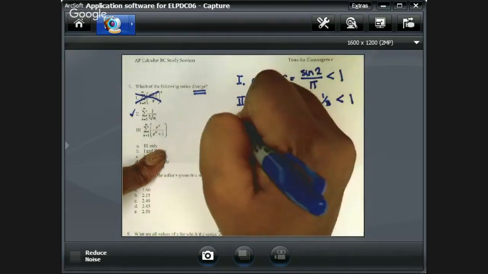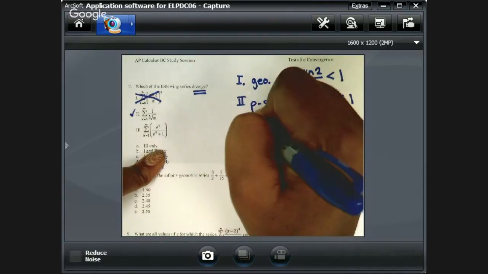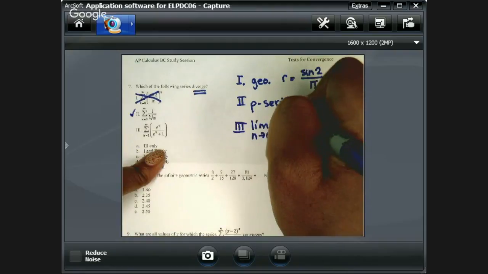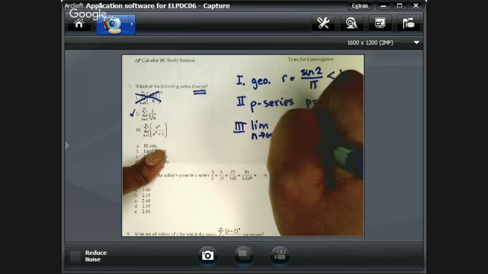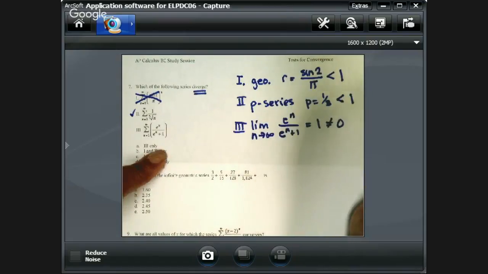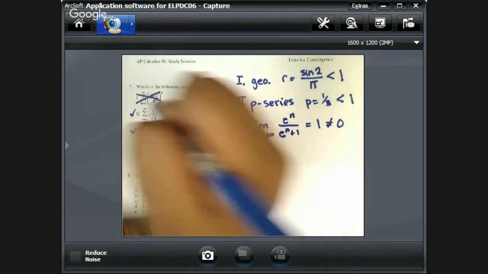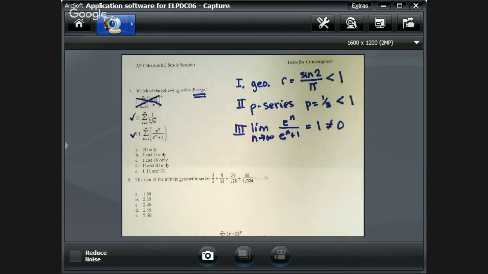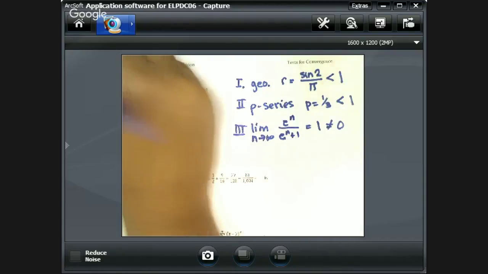With a quick check in my head, the limit as n approaches infinity of this nth term is 1, and that's not 0. So that one diverges. So the answer to number 7 is 2 and 3 only, which is D.